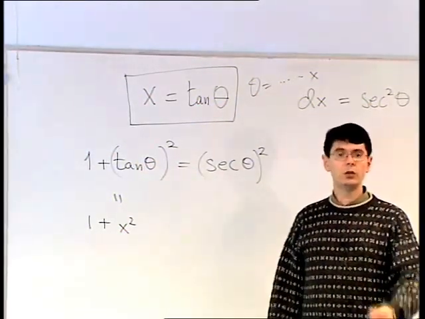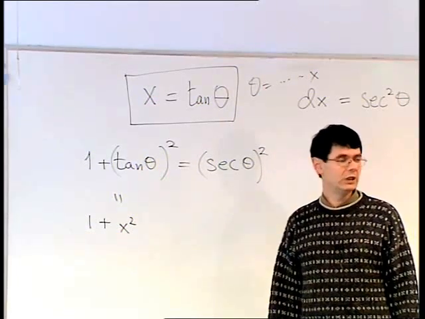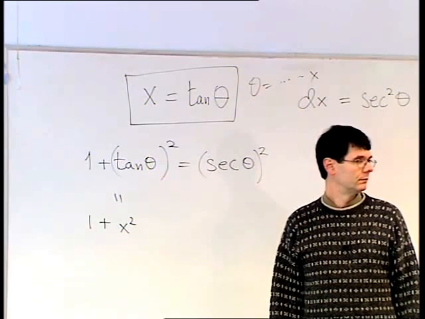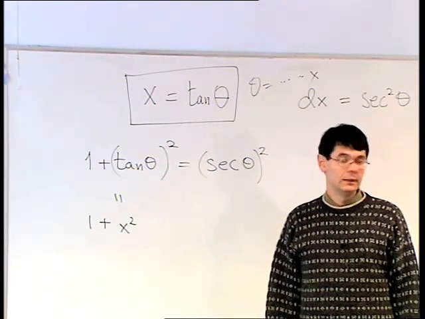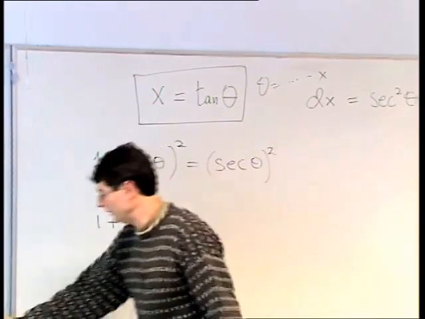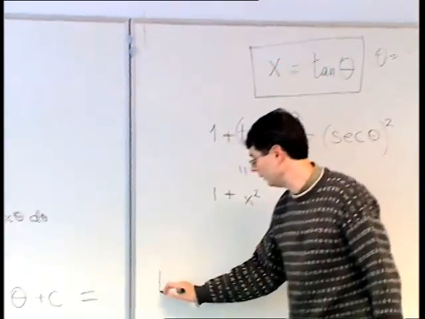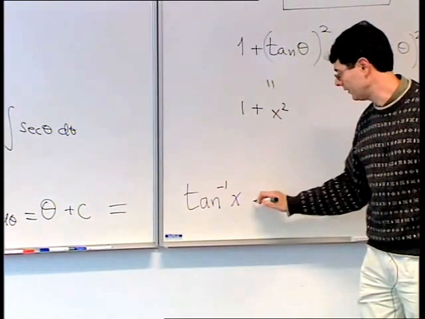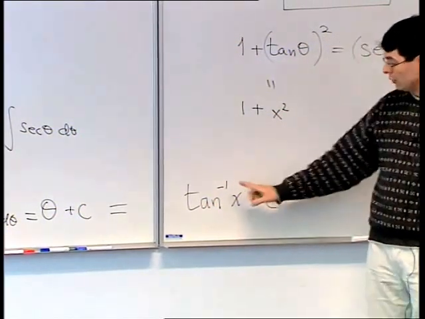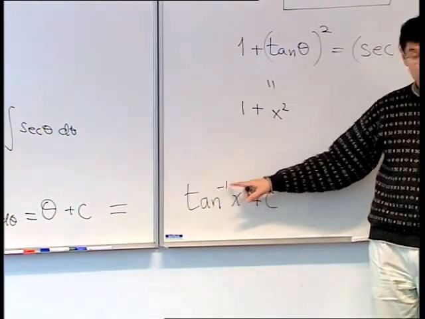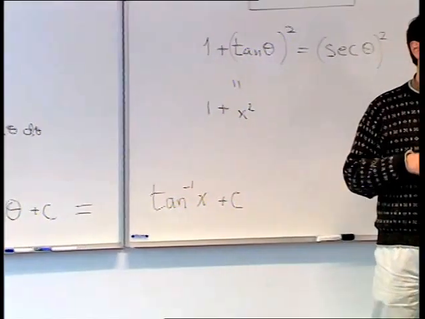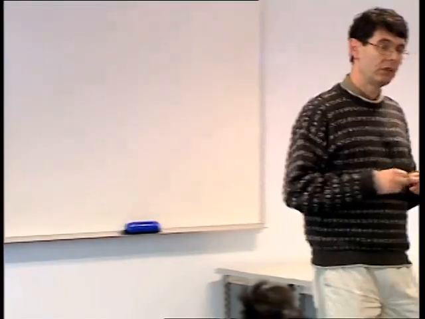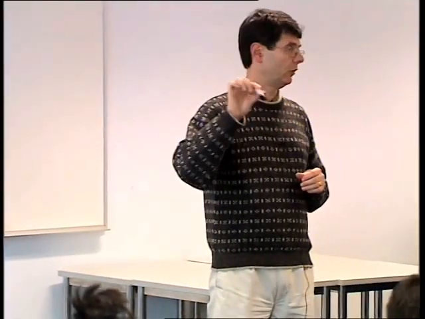Inverse tangent, you cannot do better, okay? You need an inverse trigonometric function. So you come in here and you write tangent inverse of x plus constant. You have to be careful. This symbol here does not mean to the power -1. Easy to get confused. It means the inverse function.